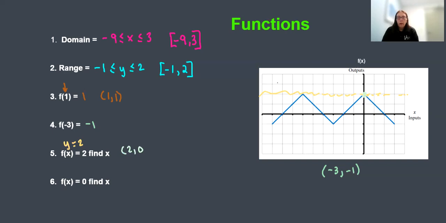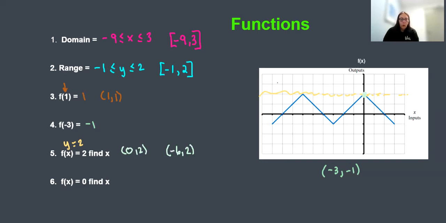Also, when y equals 2, x equals 1, 2, 3, 4, 5, 6, negative. So go over -6, up 2, and there you have it. You just have to remember that f of x represents the output, your y value.